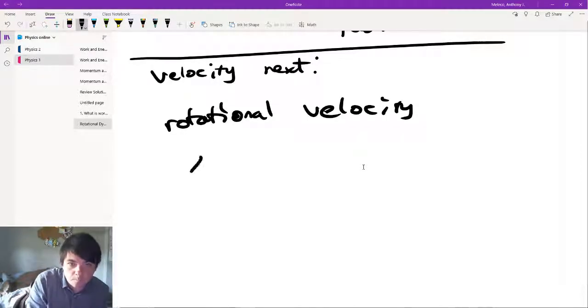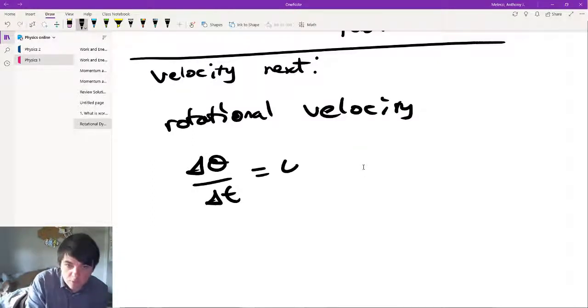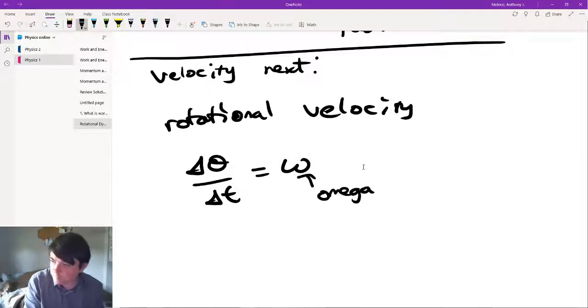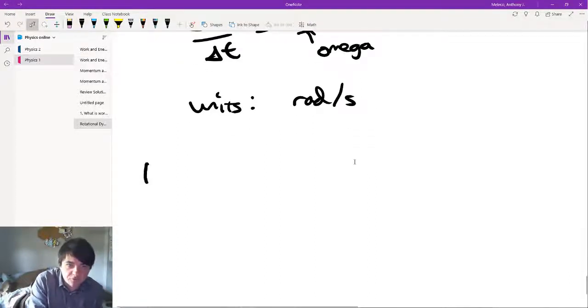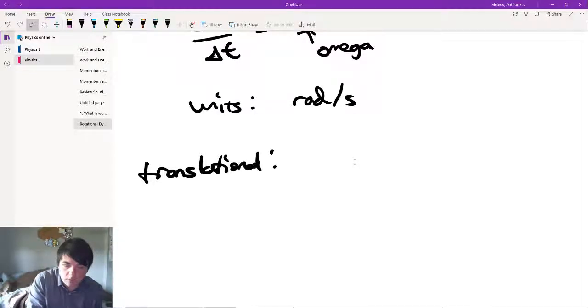It's going to be the change in position over change in time. And we use the symbol omega, tiny omega, okay? And the units are radians per second. And just for comparison, the linear case or translational case is delta x over delta t equals v, okay?